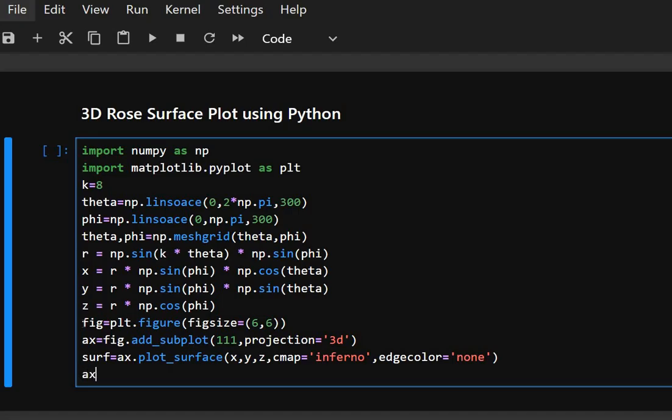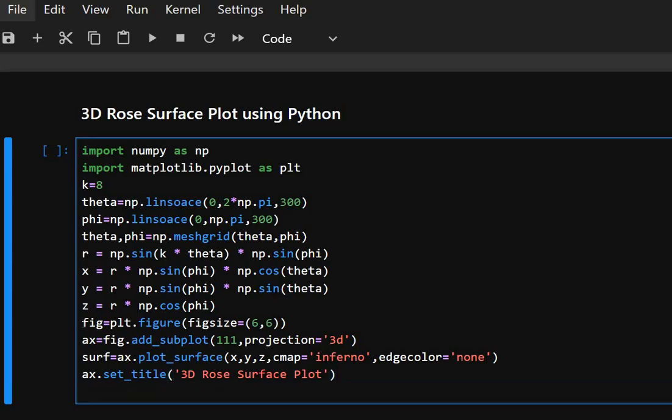Now we'll set the title. This sets a suitable title for the plot.